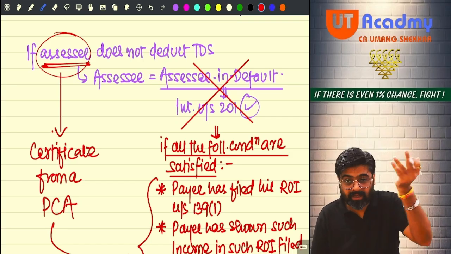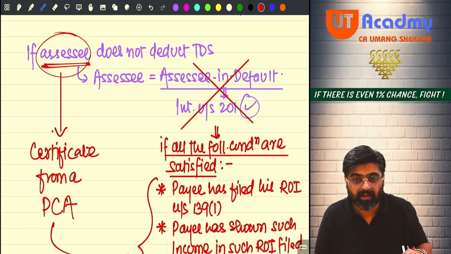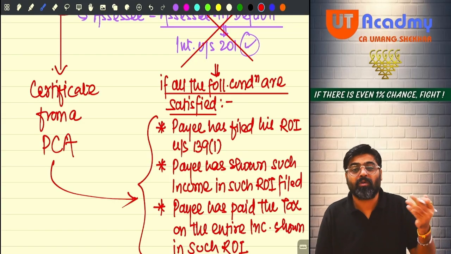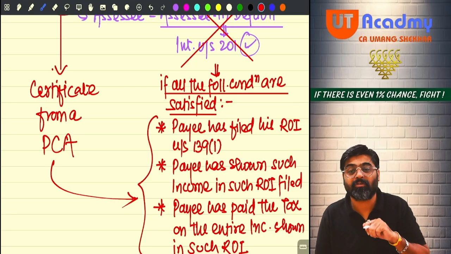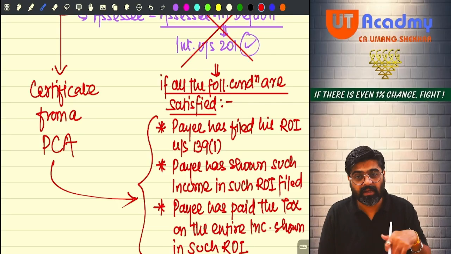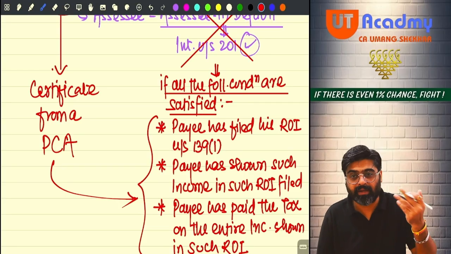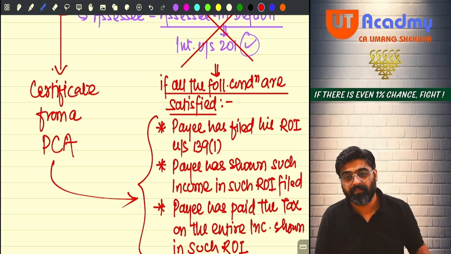CA is only saying in his certificate that the payee has filed his return. In that return, this amount was shown as his income on which TDS was not deducted, and on his entire income shown in the return, including this income, whatever tax was there, that entire tax the payee has paid.